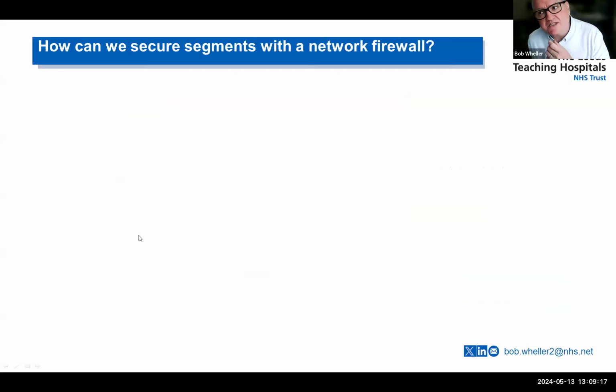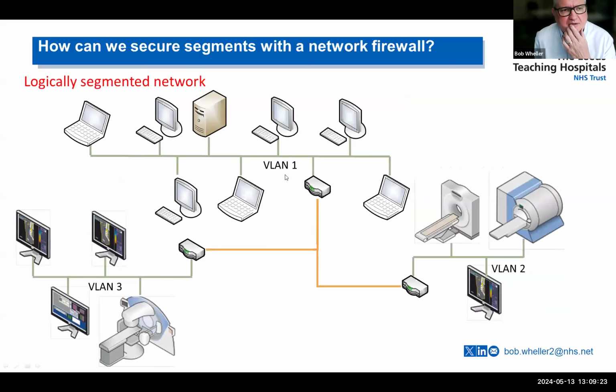So how can we secure our network segments with a firewall? I mentioned our logically segmented network. This is the slide that I put up previously, and certainly what we do in Leeds, as well as having a peripheral firewall around the edge of the Leeds computer network, we also have internal firewalls.